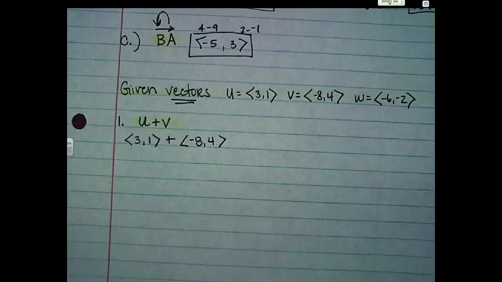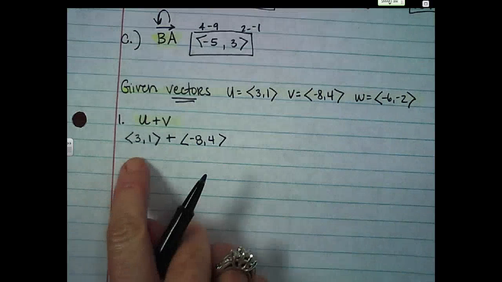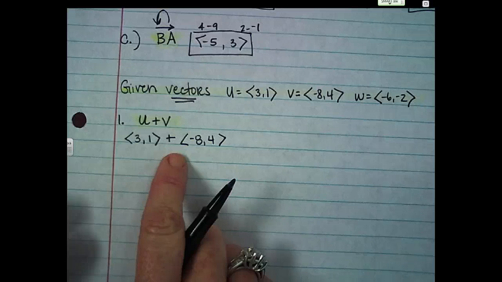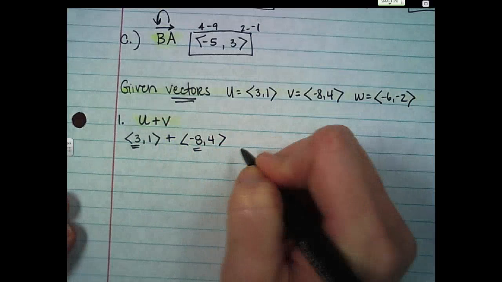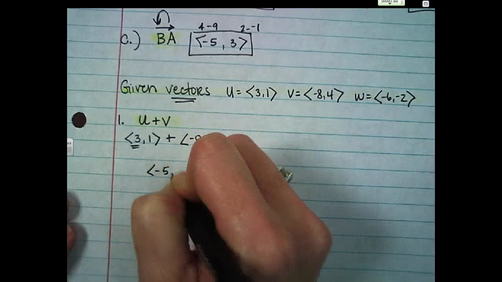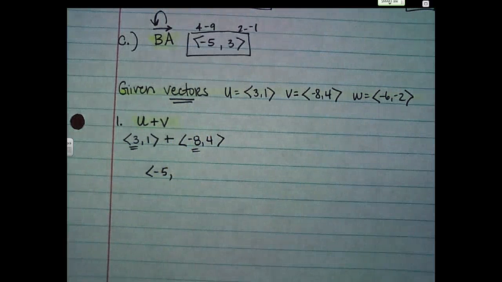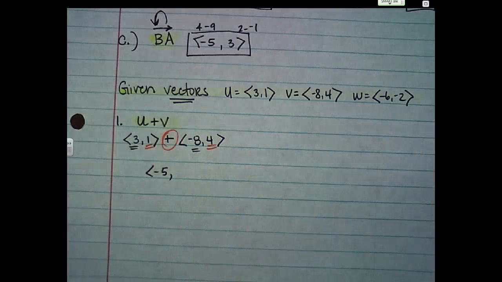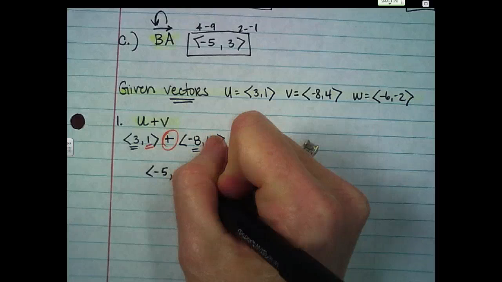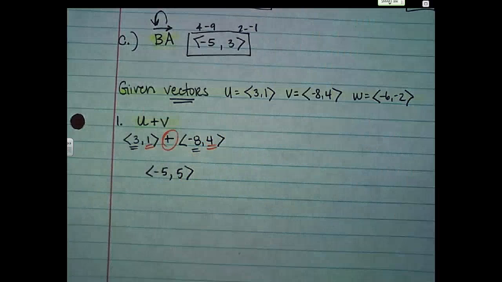If I'm going to travel 3 and then negative 8 more, where would I be? Take the x's and put them together, and I'd be at negative 5. Now take a look at the y's. 1 plus 4, where would I be? At 5 units on the y. I'm going to travel 5 on the y.